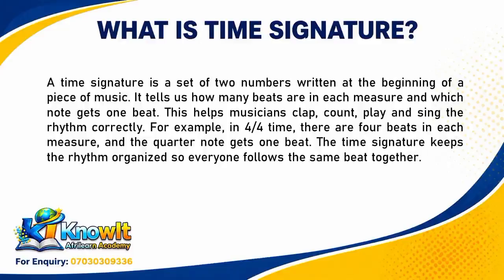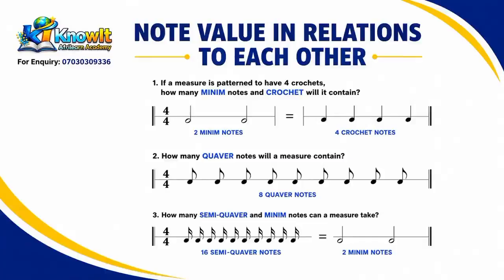Very, very common. So the time signature keeps the reading even more organized along with the meter structure and arrangement of reading in the measures. The note values also need to be understood in relation to one another.